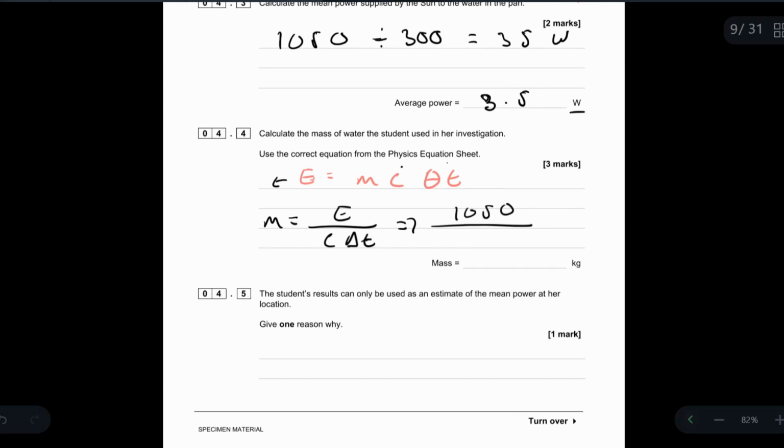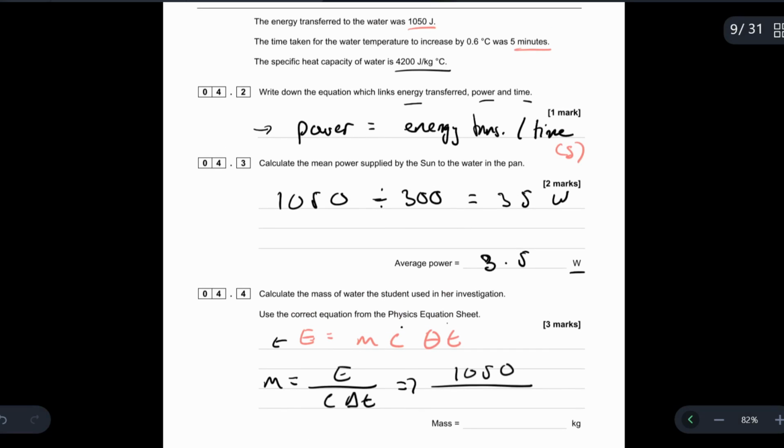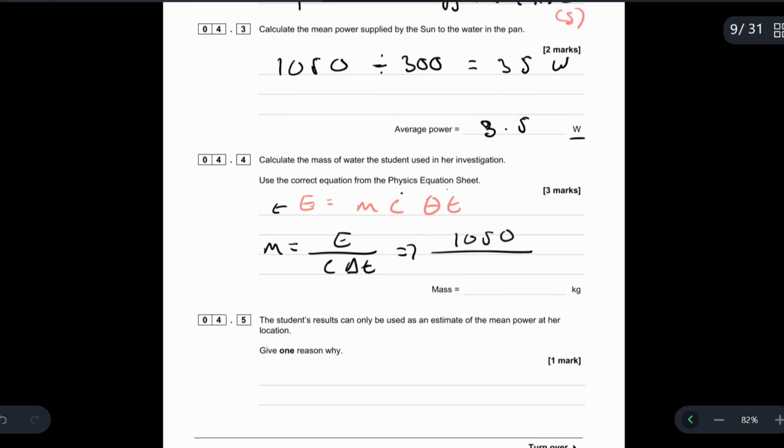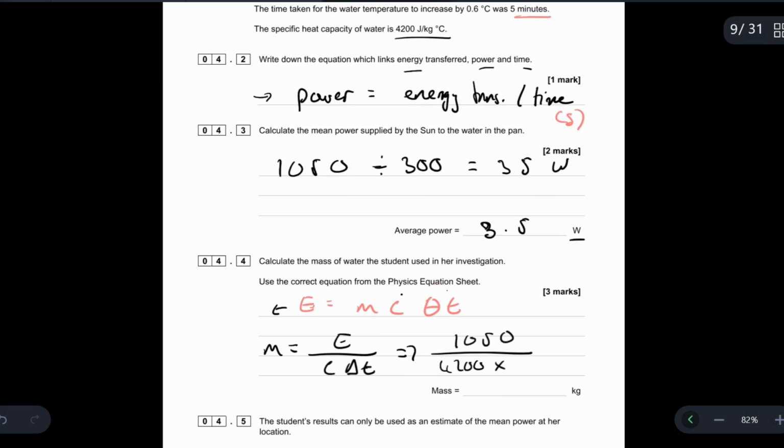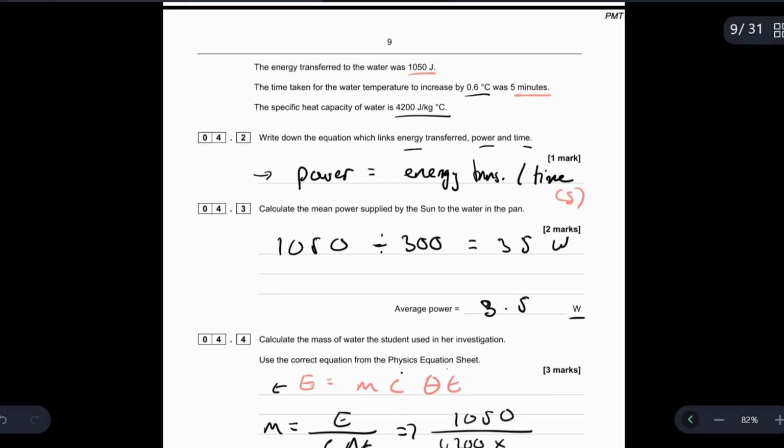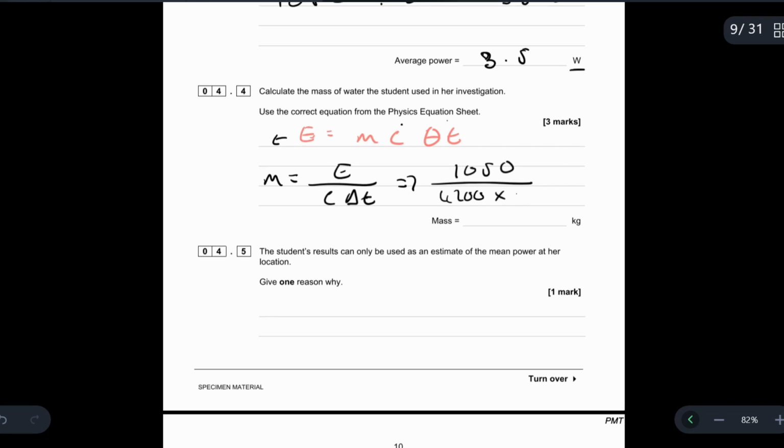Your specific heat capacity is also given in the question. It's 4200 joules per kilogram degree Celsius. So you can put that in, 4200. And your delta T, that's your change in temperature. What was the change in temperature? Well, it was 0.6 degrees Celsius. So multiply that by 0.6. If you plug all of that in, you should get a mass of 0.417 kilograms.